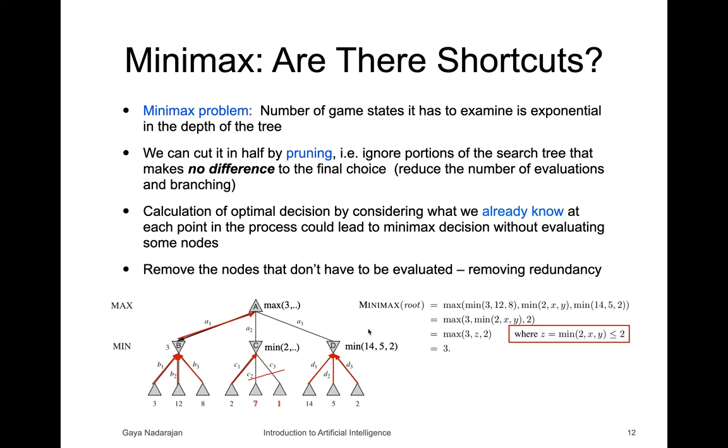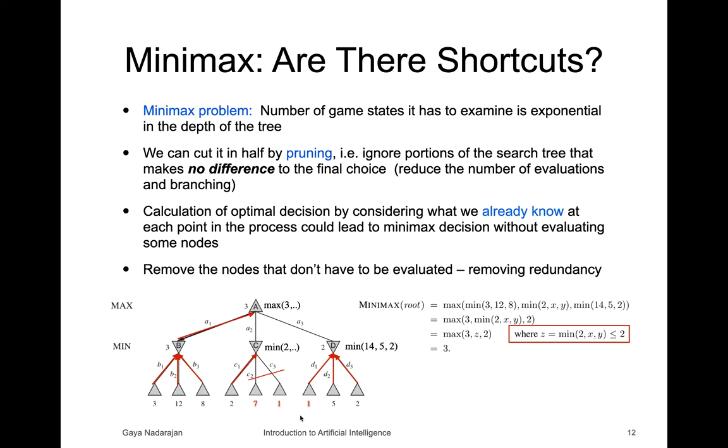But we couldn't avoid these computations here simply because these values were going to affect the maximum calculation in case they were sent back. So 2 became the value. However, 2 is not going to affect the maximum function here. So 2 is actually not going to change what you already have.